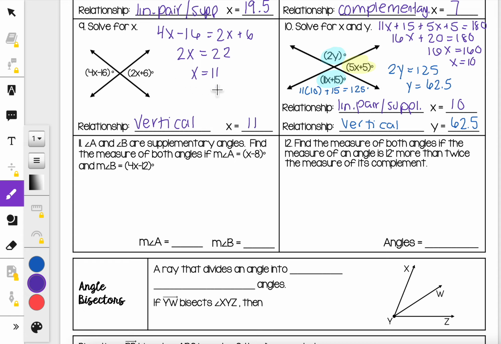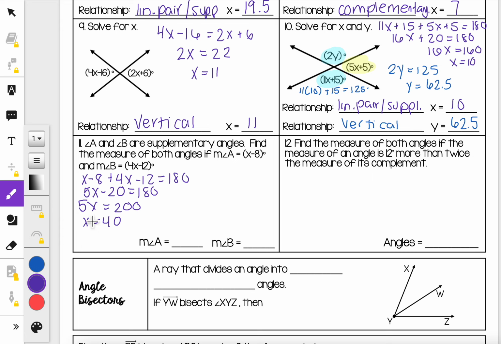Okay, so I'm basically doing the same strategy I did in the first 4 problems on the back page, except it already tells me that they're supplementary. So x minus 8 plus 4x minus 12 is going to equal 180 degrees. So I have 5x minus 20 equals 180, and 5x equals 200.